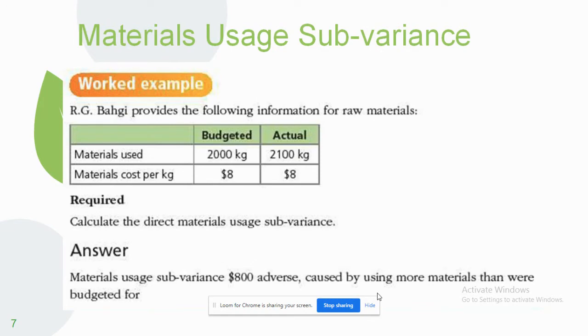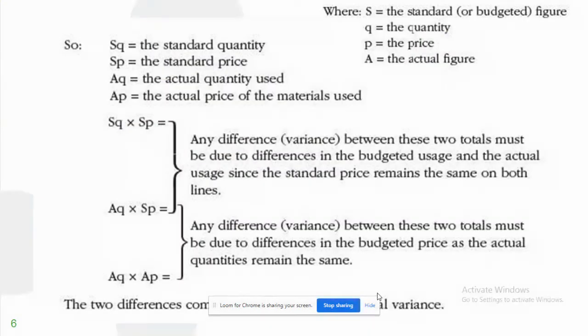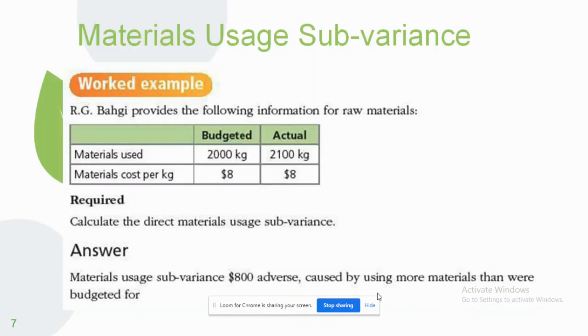usage sub-variance. So if we go back, the formula for materials usage is SQ times SP. We deduct AQ times SP from it. So if we do this, it shows that the quantity difference is 2100 minus 2000.